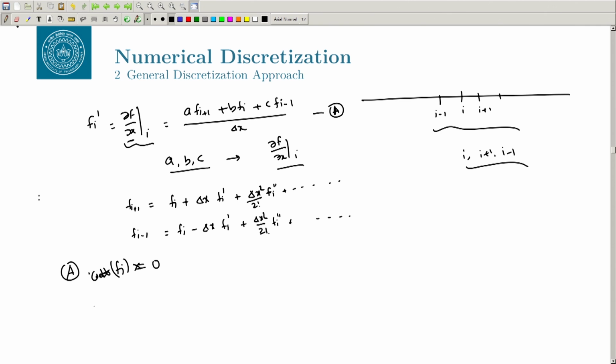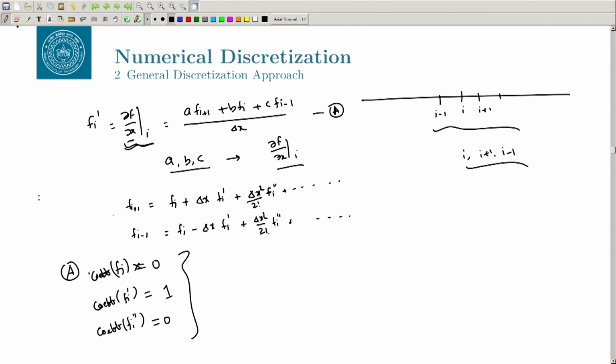The coefficient of f i prime is equal to 1, right, because this is what we want to calculate. So, we are equating the left hand side to the right hand side. And the third, because we need 3 equations, the coefficient of f i double prime is also 0, right.